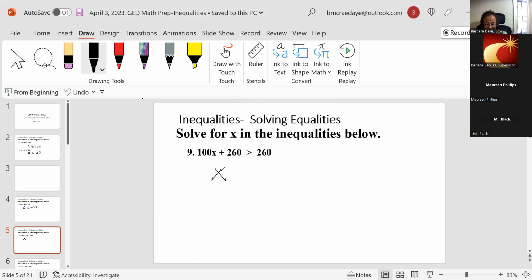X is equal to 100, Miss Barbara. 100x plus 260 greater than 260. What should I write, Mercedes? What's the answer? X is greater than 100. Am I wrong?